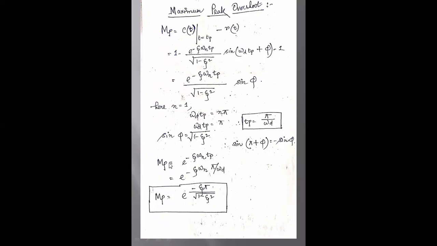Just putting those values, Mp that we are finding is e to the power minus zeta omega n Tp, so it is e to the power minus zeta omega n pi by omega d. So the Mp value is e to the power minus zeta pi by root over 1 minus zeta square. It is the value of the maximum peak overshoot, Mp.